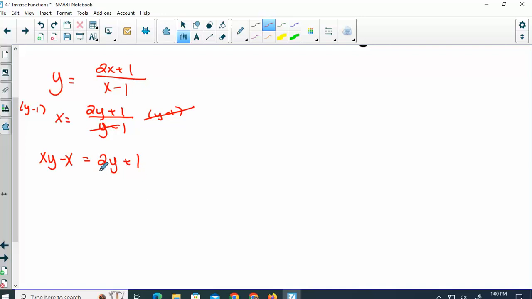So basically going to subtract over this 2y and add over this x. So xy minus 2y equals 1 plus x. Since both of these have a y, what can we do?